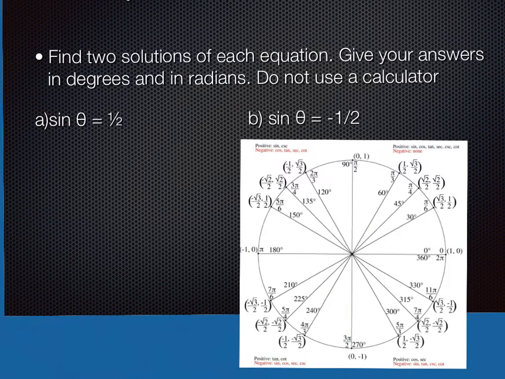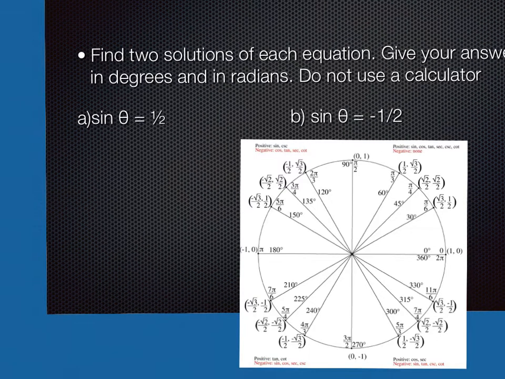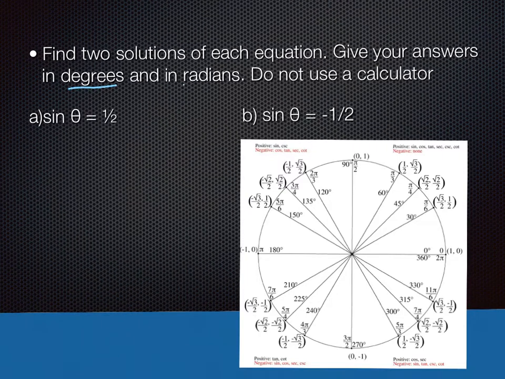Okay, so for A, we're looking for an angle in which the sine of that angle is 1/2. It actually says to give it in degrees and radians, so we're going to get it in both ways. If it's the sine, we're looking for where our y value is 1/2.